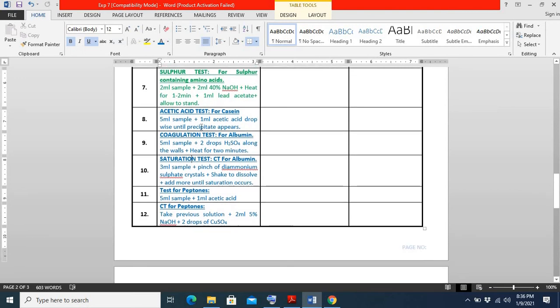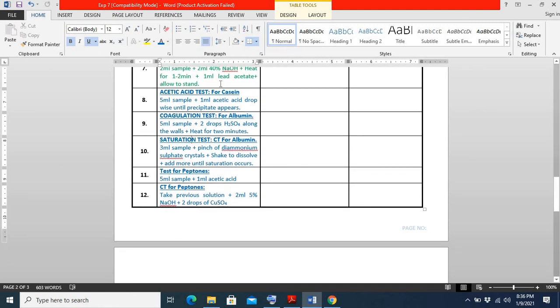After that, we go on to find out the particular class of protein in the sample. First we perform the test for the identification of casein, to find out whether casein is present in the sample or not. For that purpose we perform the acetic acid test.